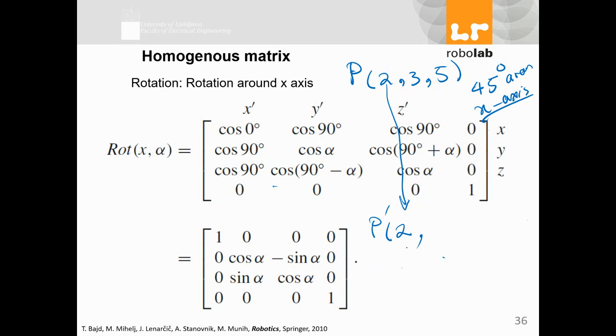So my y prime will be, based on this equation, 3 cosine of 45 degrees minus 5 sine of 45 degrees. And my z prime will be 3 sine of 45 degrees plus 5 cosine of 45 degrees. Can you do this calculation for me, please?